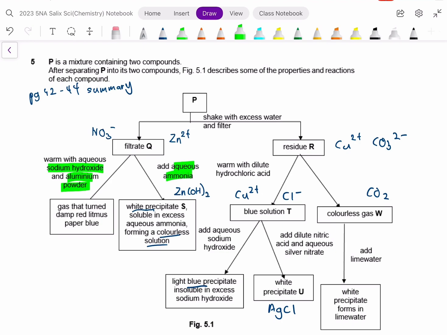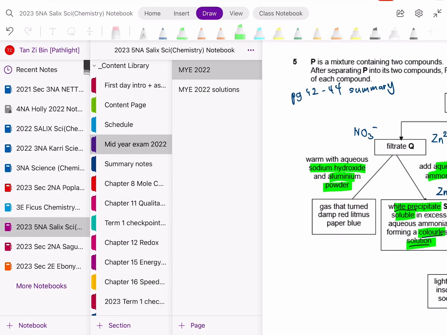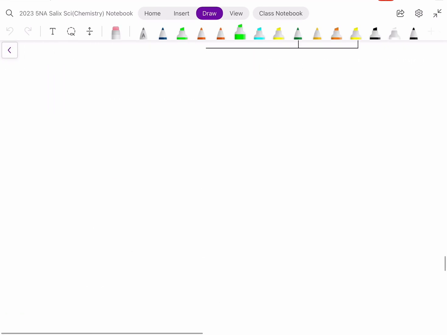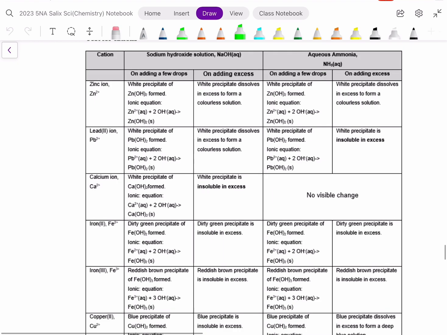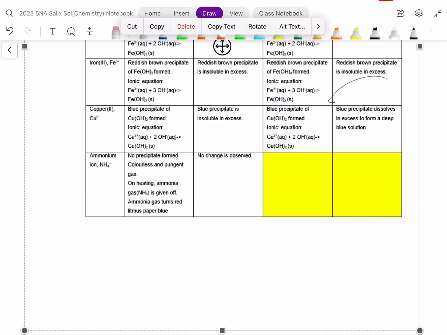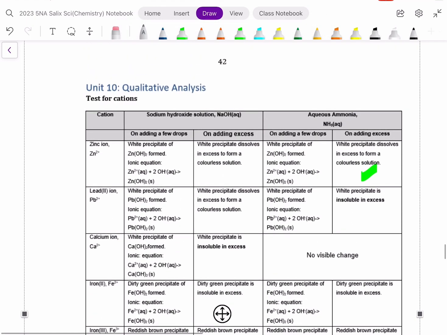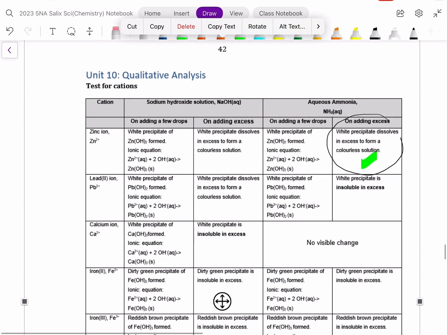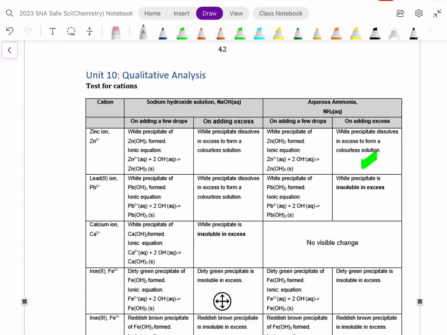You add aqueous ammonia, white precipitate S, soluble in excess, gives a colorless solution. If you look at your summary, under page 42, it is this one, white precipitate. The white precipitate dissolves in excess to form a colorless solution.